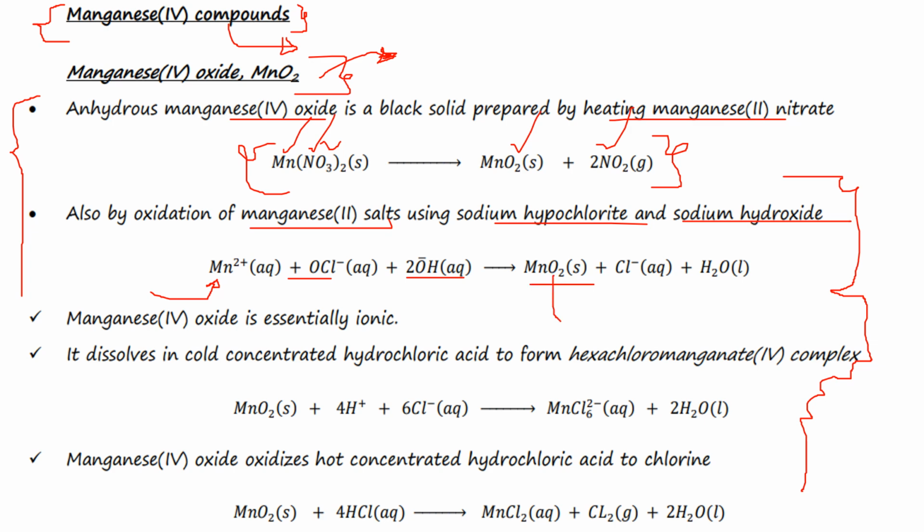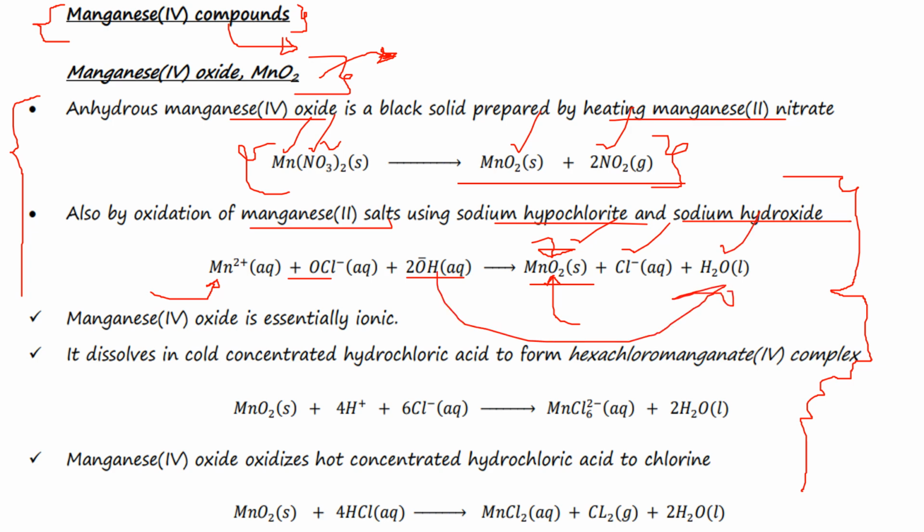But remember that here, manganese oxide is in solution. That means that it's hydrated. Since it's hydrated, it appears as a brown precipitate. But when it's anhydrous, it appears as a black solid. So the manganese oxide is a solid, but it is seen as a precipitate which is brown in color. And then after oxidizing, the hypochlorite gets reduced to the chloride ion together with water from the sodium hydroxide.